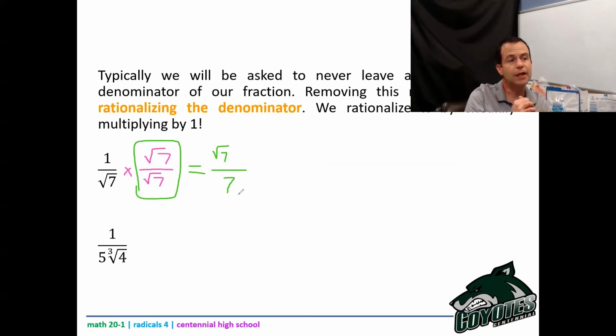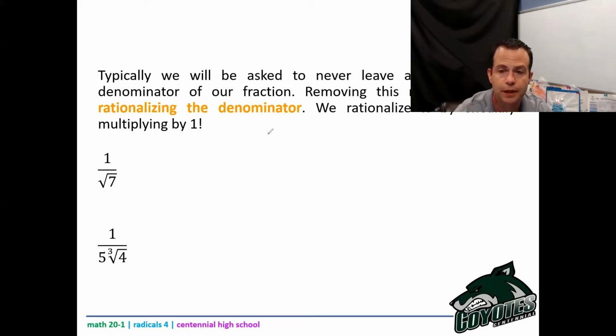This was a big important thing before the dawn of calculators, because dealing with irrational denominators made math really, really complicated. So we would rationalize the denominator so that we could work with the fraction in an easier way by hand.